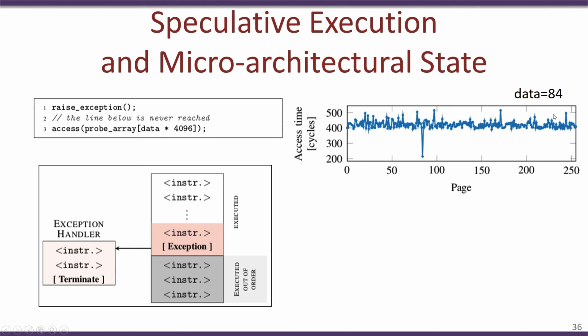So, if you go back and look at this particular slide, what we see is that when I has a value of 84, it shows an execution time which is considerably lower compared to all other memory accesses to that array. Thus, the attacker would know that the value of I, in other words the contents of that kernel space memory, has a value of 84.